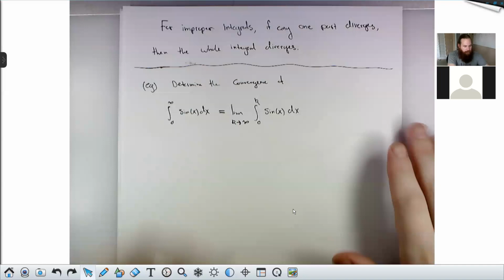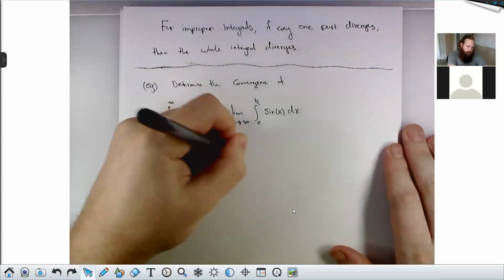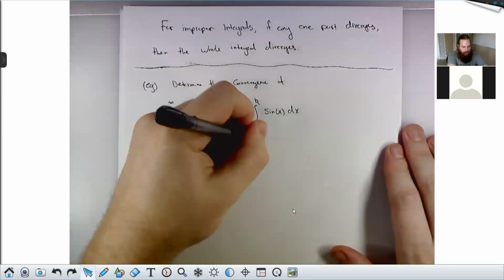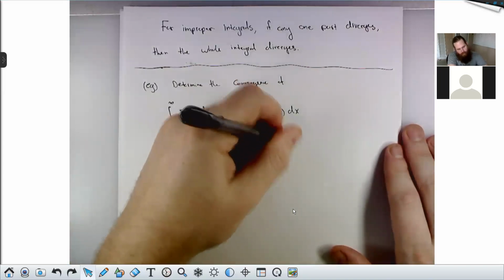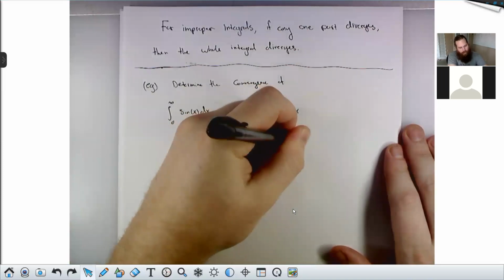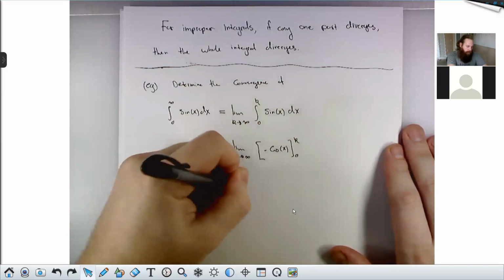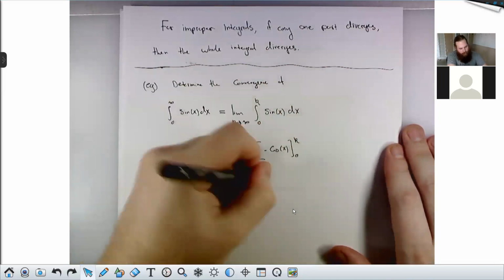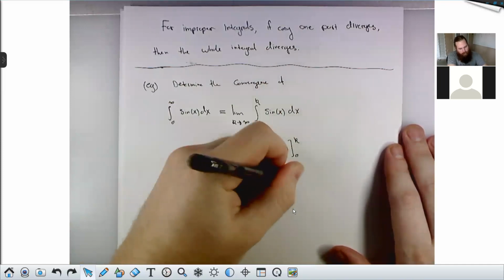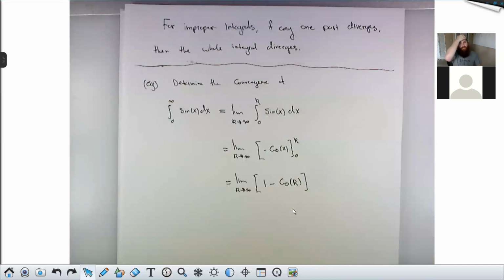An antiderivative for the sine function, and so I get the limit as r goes to infinity of 1 minus cos r. And what is this limit?